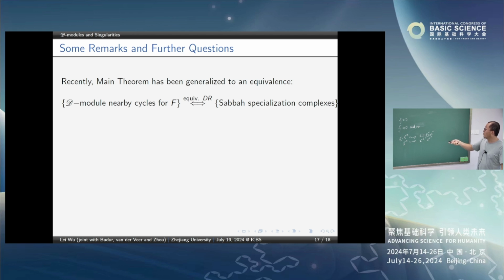If you have a D-module here, or a regular polynomial D-module here, then we can construct the nearby cycles of that module along the zero locus of F via a multivariate way.